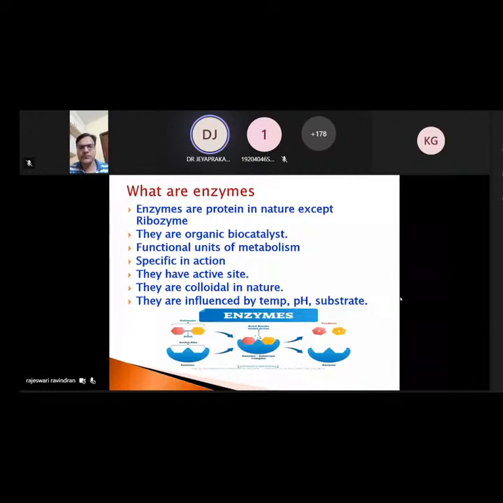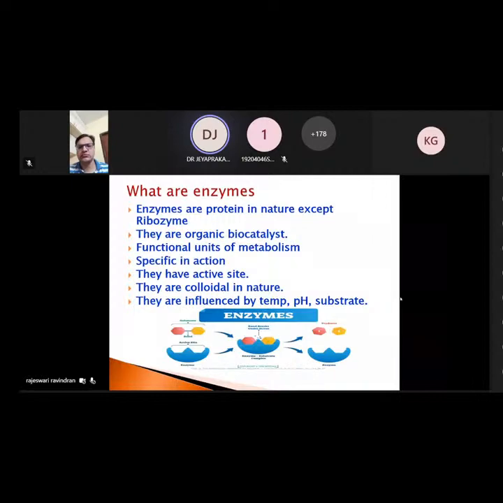Enzymes are organic biocatalysts. Organic means the compound has carbon in its structure. As biocatalysts, these enzymes speed up reactions.